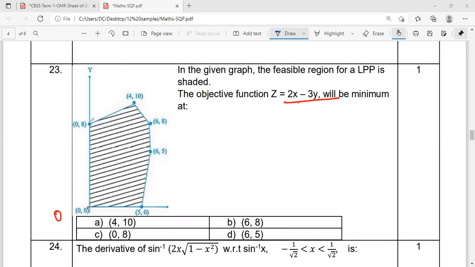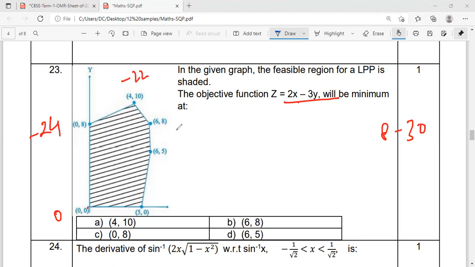Now, the objective function 2x minus 3y. At 0, 8 it is 2 into 0 minus 3 into 8, which is minus 24. At 4, 10 it would be 8 minus 30, which is minus 22.